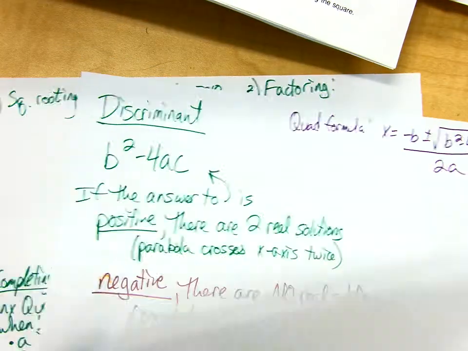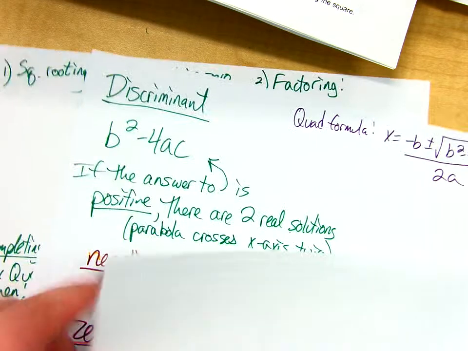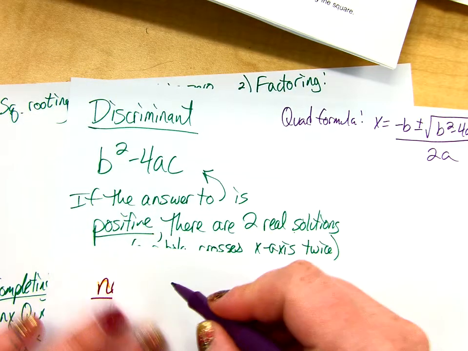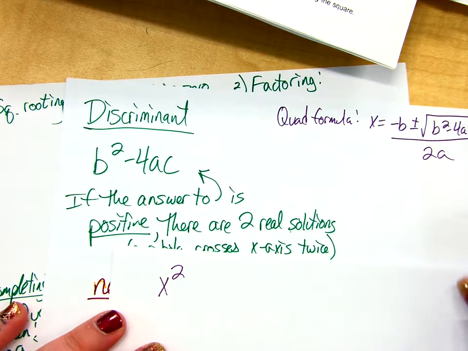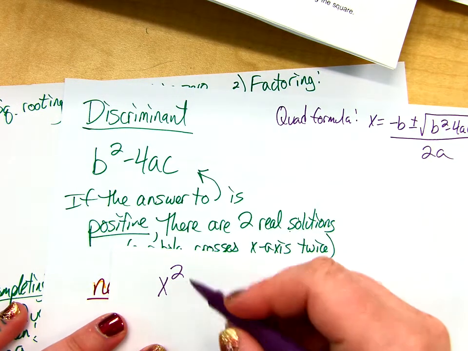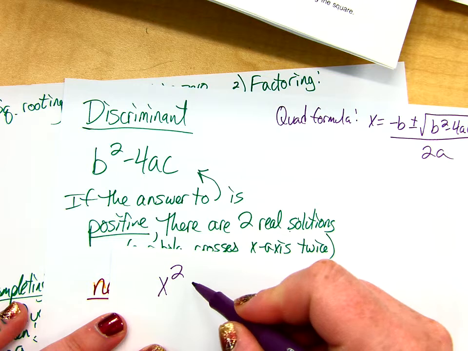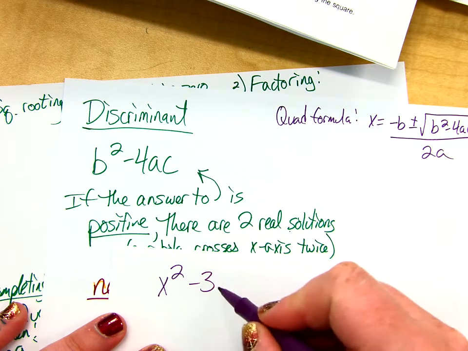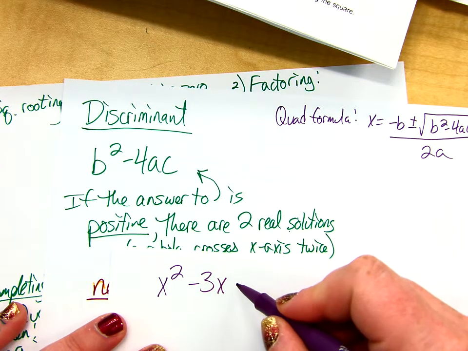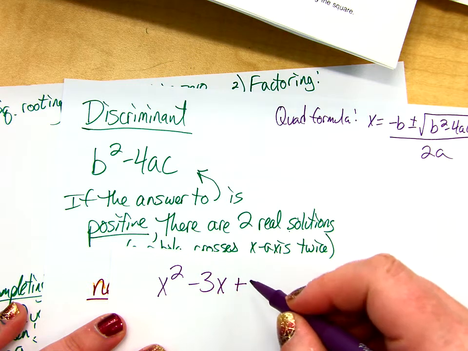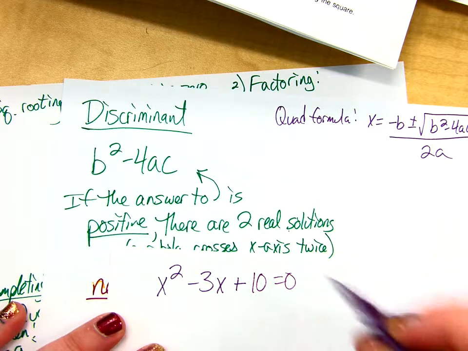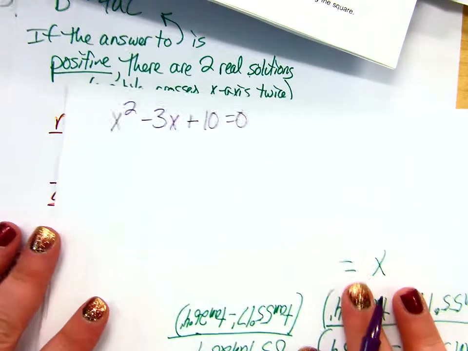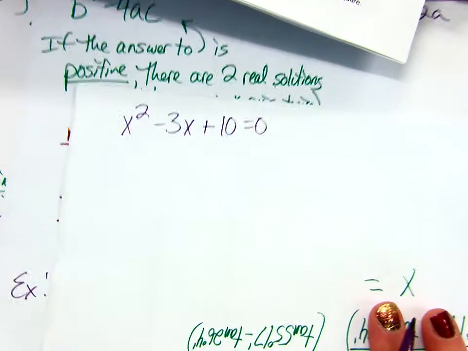Wow, I'm running out of paper here. Let's go here. Try that one. x squared minus 3x plus 10.